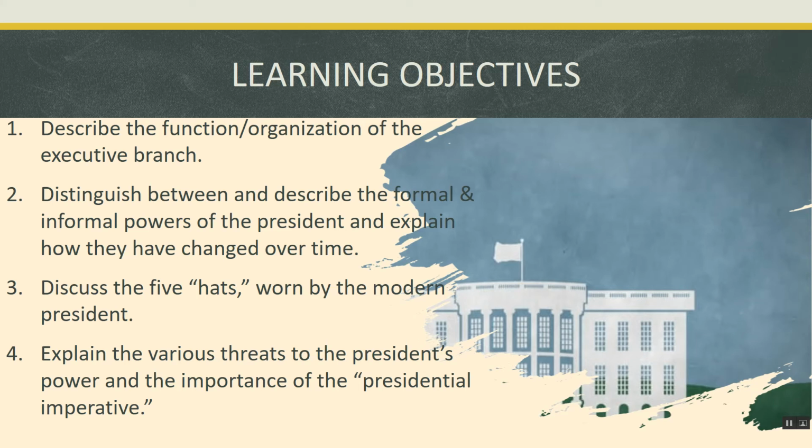The third learning objective asks for you to discuss the 5 hats worn by the modern president, or in other words, to explain the 5 major roles that presidents tend to fill in our government today. Finally, learning objective number 4 asks for you to explain the various threats to the president's power and the importance of what we call the presidential imperative.